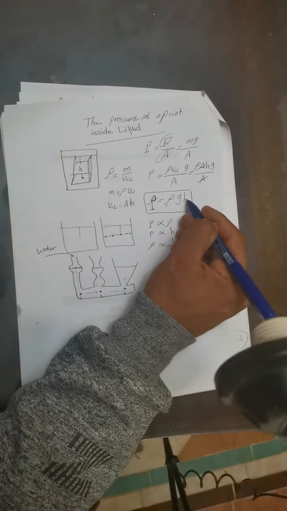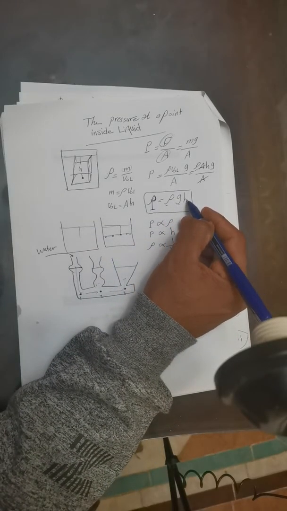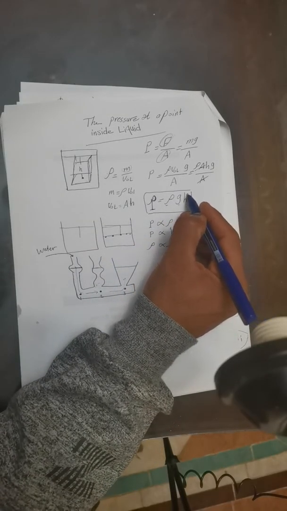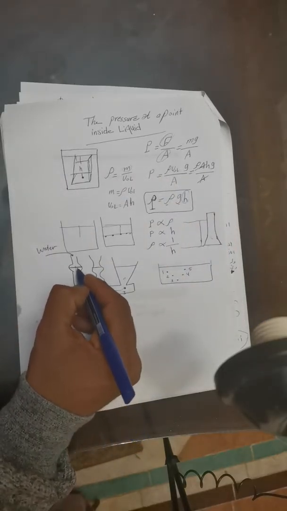So it must be that h is the same in all vessels. So the level of water in all vessels, where the capacity and shape are different, is the same level, because all points at the same level have the same pressure.